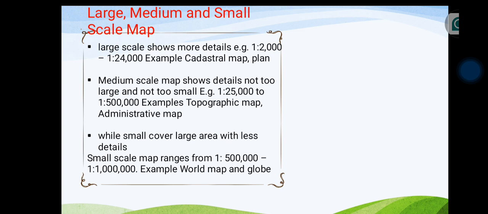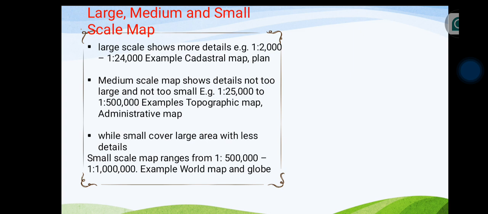A good example of such maps are the topographic map and the administrative map. The topographic map is a map that covers a large area, and the administrative map shows the boundary of jurisdiction or boundaries of wards, states, countries. So those are medium scale maps.